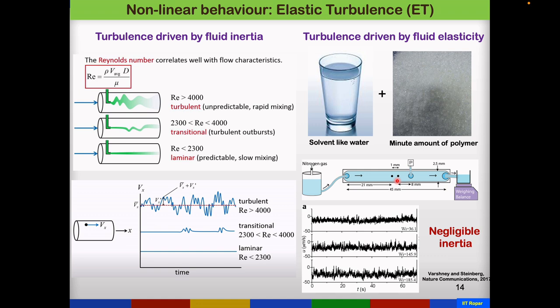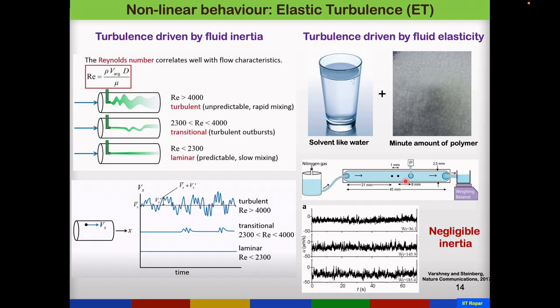And these days a lot of people are working on this topic, because it has huge potential in microfluidic systems. In microfluidic systems, the flow will be mostly laminar unless we apply some external force like electric field or magnetic field.